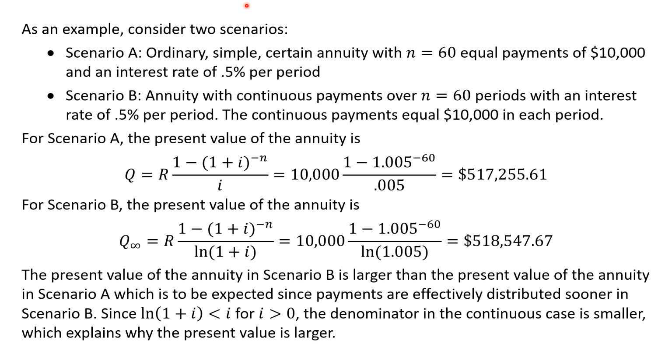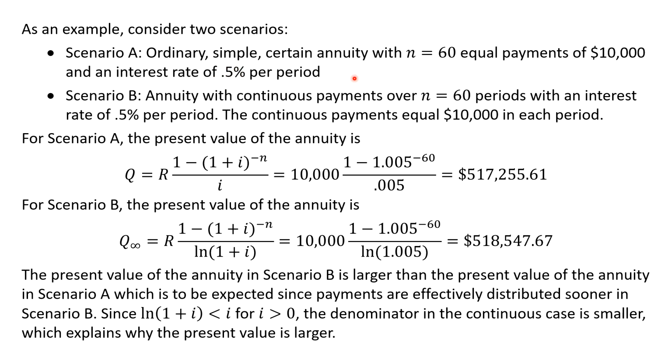As an example, let's consider two different scenarios. In scenario A, we have an ordinary simple certain annuity with n equals 60, equal payments of $10,000, and an interest rate of 0.5% per period. So I'm kind of thinking monthly.